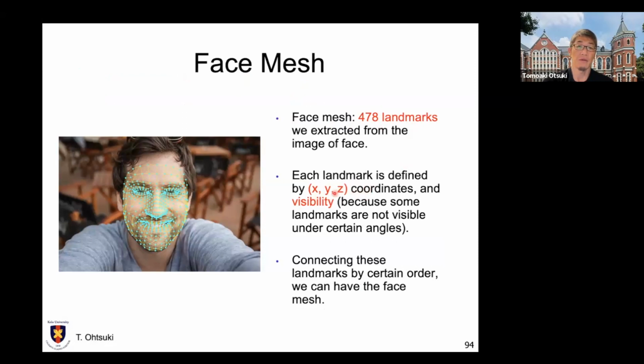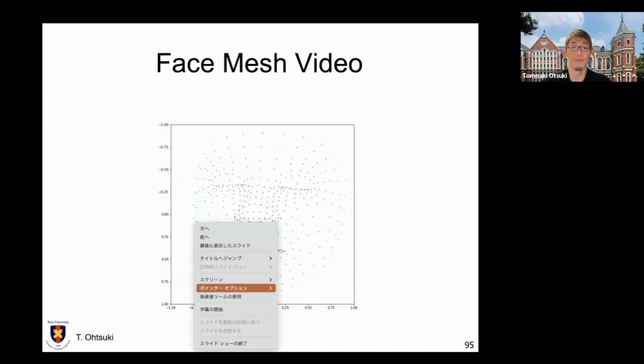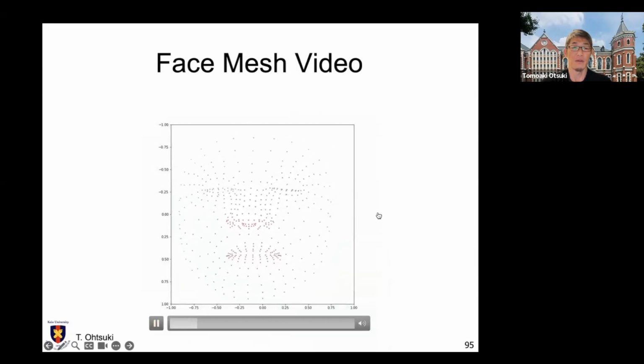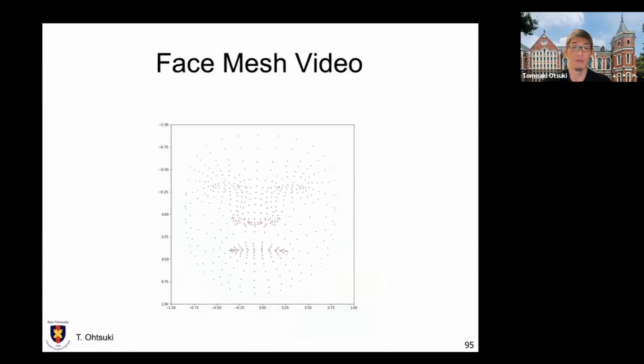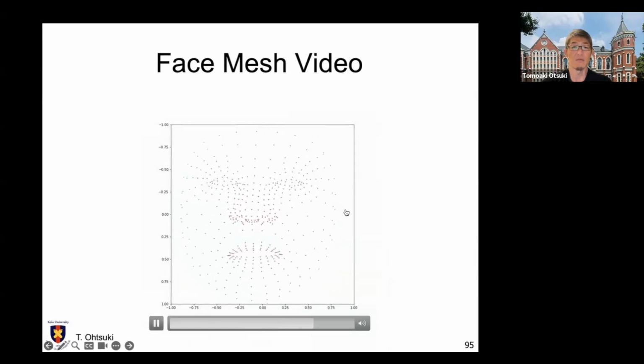Connecting these landmarks in a certain order, we get this kind of face mesh. This is a face mesh video we obtained from a dementia patient. Here are the mouth, eyes, and nose. We can see some movement.